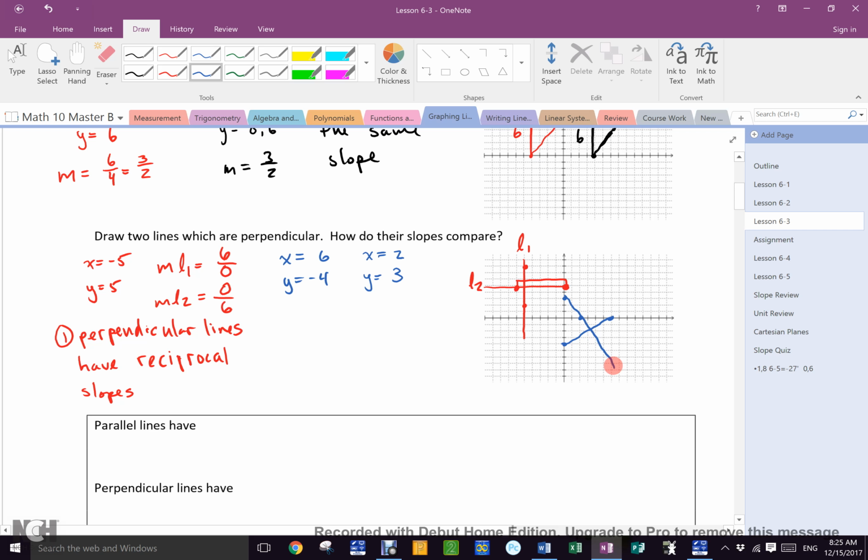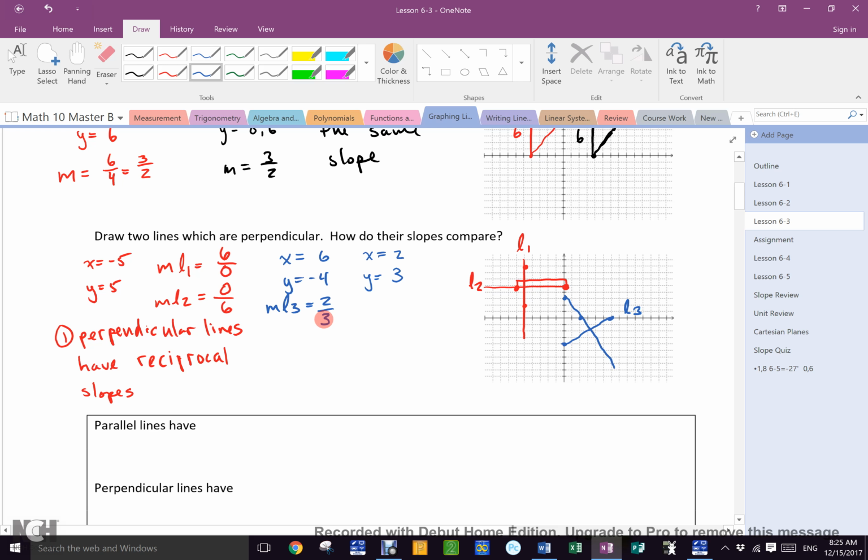Now, I already know what's going to happen here. But I need you guys to see that too. The first line, line 3, this one, has what for a slope? I went up, how far? 4, and I went that way, how far? 6. So that guy's slope is 2/3.